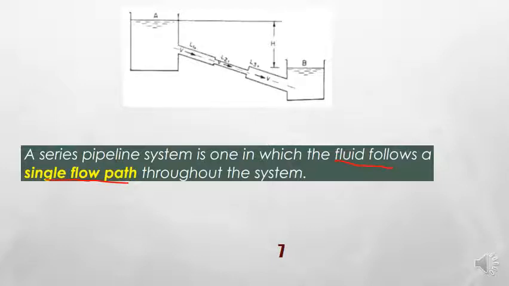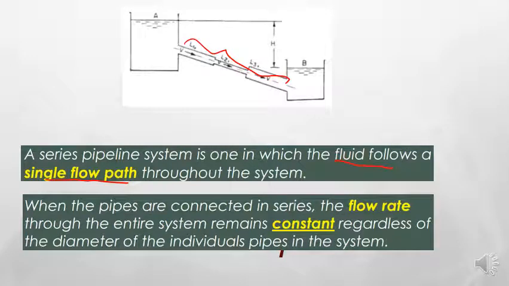It just has one single flow path throughout the system. The pipes are connected in series. For example, we have 1, 2, 3, connected in a series arrangement.